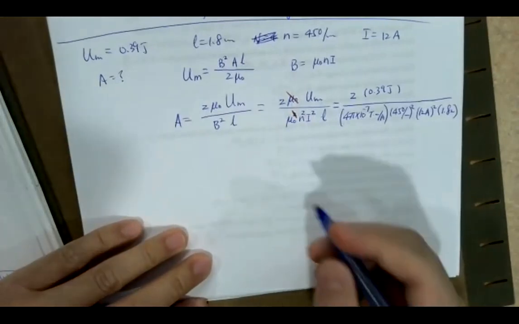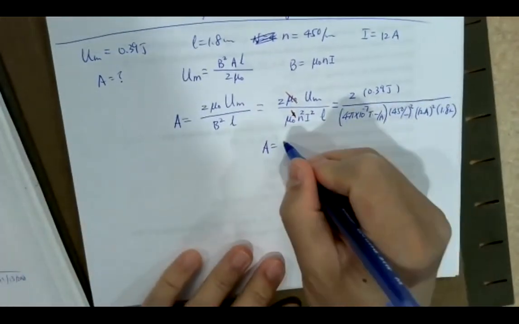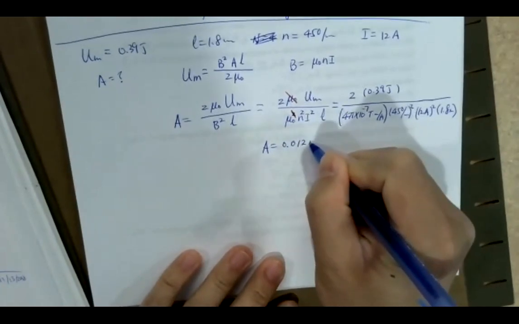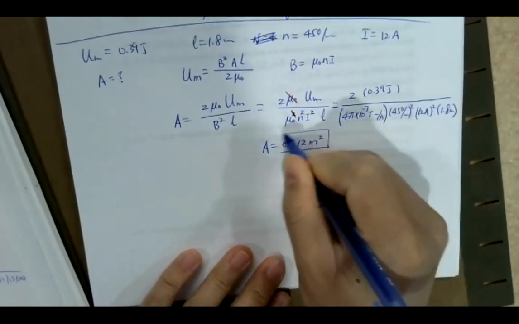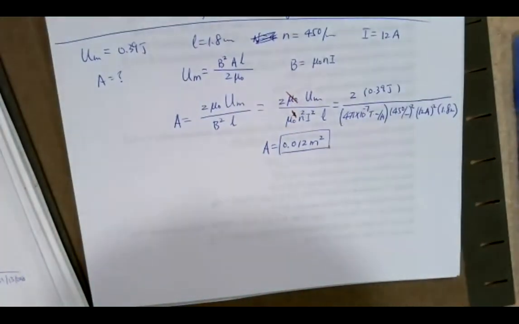So your area is 0.012 meters squared. That's the cross-sectional area of the solenoid.